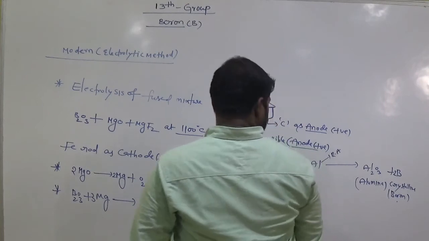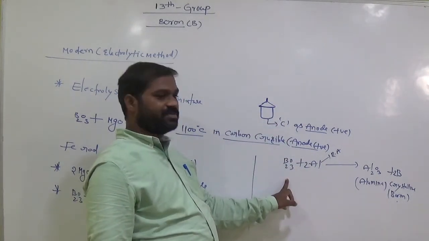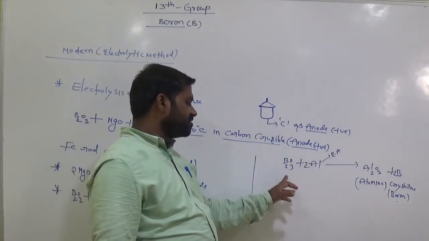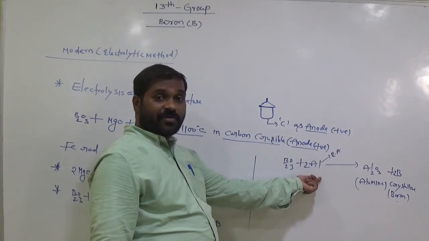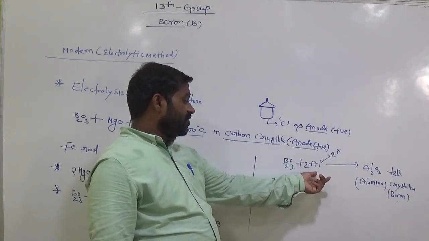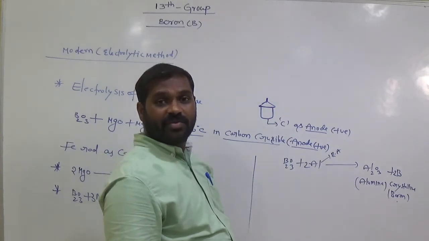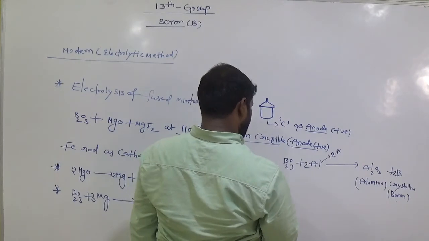Suppose there is excess aluminium which is unreacted with B2O3. Aluminium reacted with B2O3 gives Al2O3 and boron. If an excess amount of aluminium remains unreacted, then for removing this excess aluminium we add NaOH.